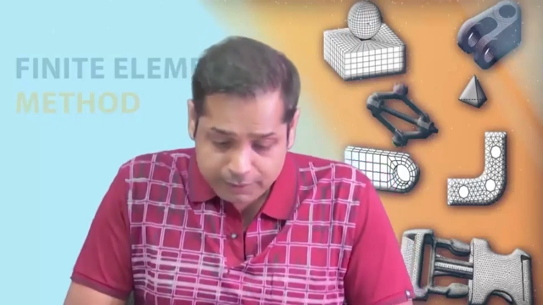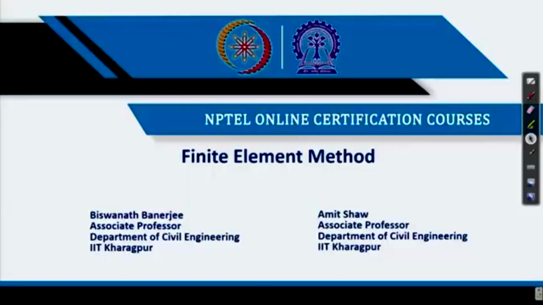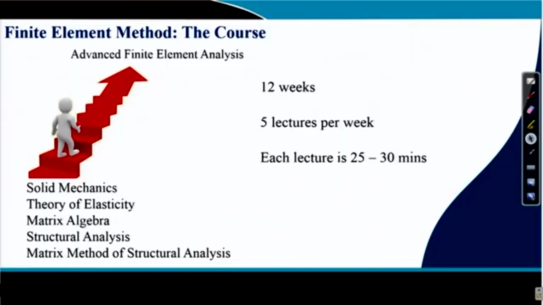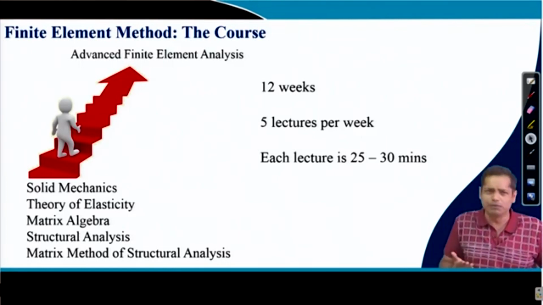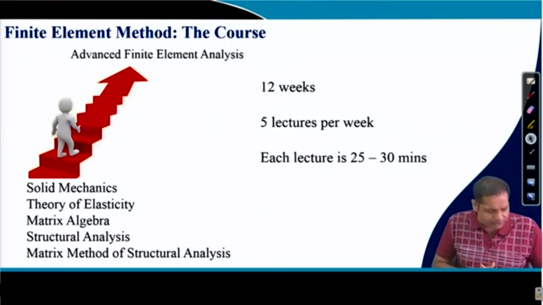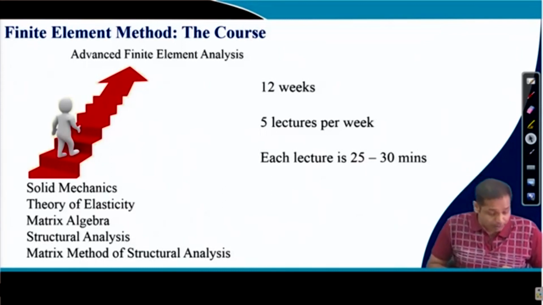Okay, so there are some prerequisites for this course. Some basic prerequisites, and all of you have these in your UG program, UG curriculum. You need to have solid mechanics, theory of elasticity, some concepts of matrix algebra.